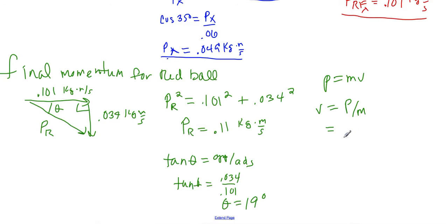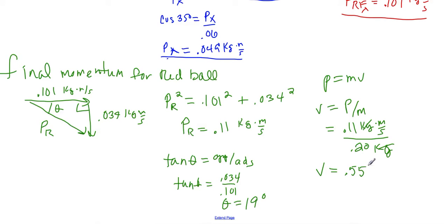So in this case, my momentum is 0.11 kilograms times meters divided by seconds, divided by the mass of this, which is 0.20 kilograms. You can see that's going to cancel, kilograms cancels off. My velocity is going to end up equaling 0.55 meters per second.